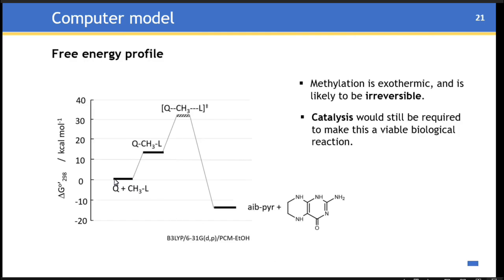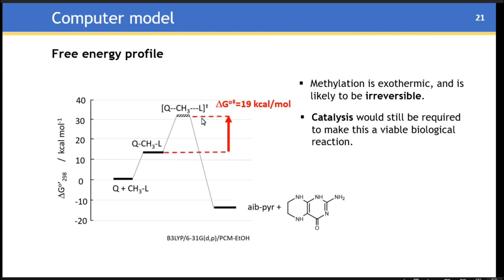So when we calculate the relative energies of these, we see that combining the two reactants is uphill from a free energy point of view. This is mainly due to the loss of entropy in making a complex. But then the actual methyl transfer to the transition state has a 19 kcal per mole barrier.